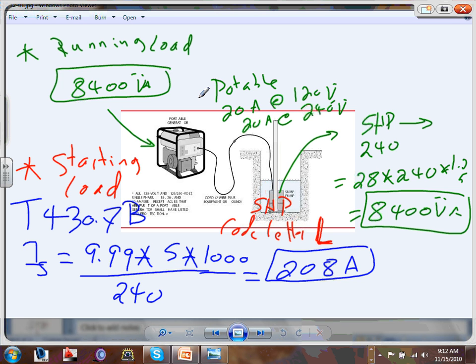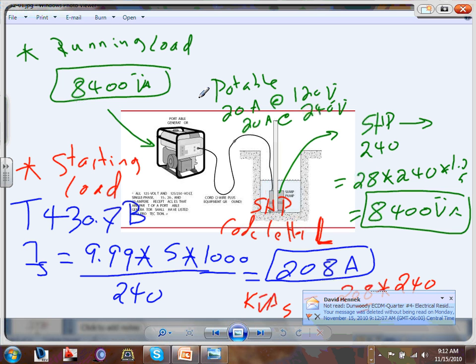Now the starting kVA, guys, kVA start, you take the 208 and multiply it by what? I guess you could have taken it from the beginning. Take the 208 multiplied by 240.